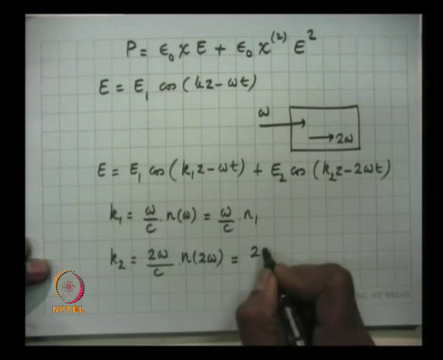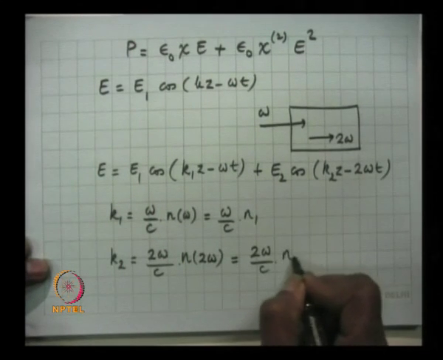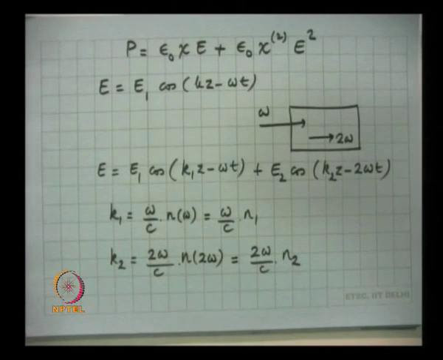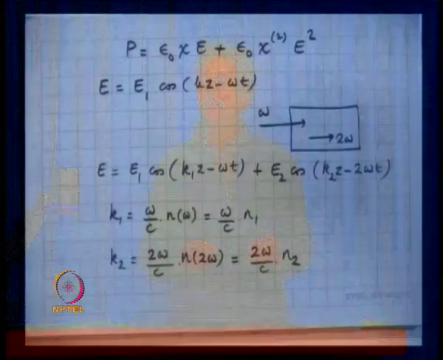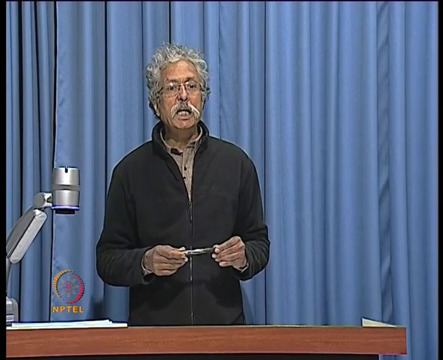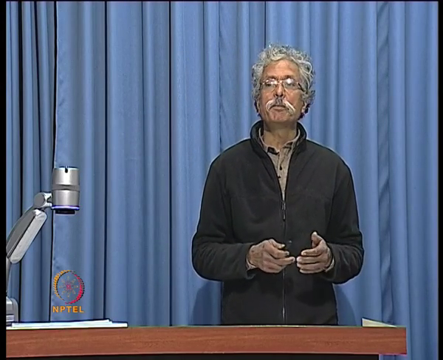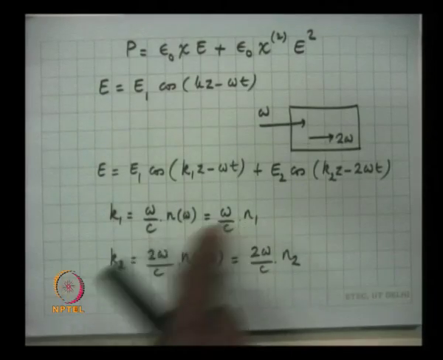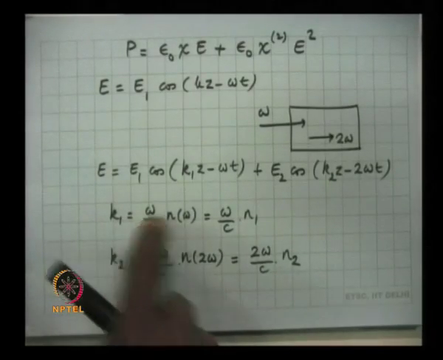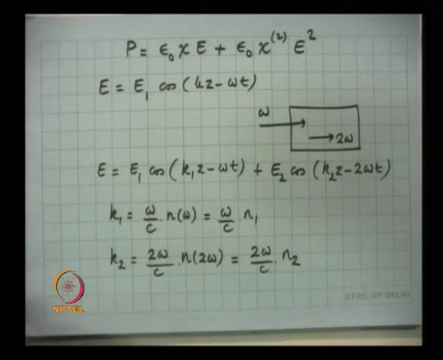So, 2 omega by c into n 2. Please note that the refractive index of the medium depends on frequency. So, the electromagnetic wave at frequency omega and the electromagnetic wave at frequency 2 omega will in general not see the same refractive index. n 1 is the refractive index of the medium at frequency omega, n 2 is the refractive index of the medium at frequency 2 omega.